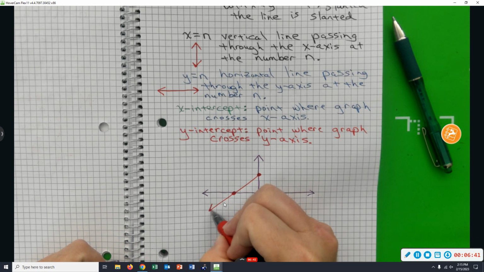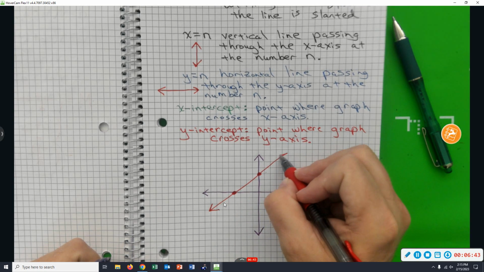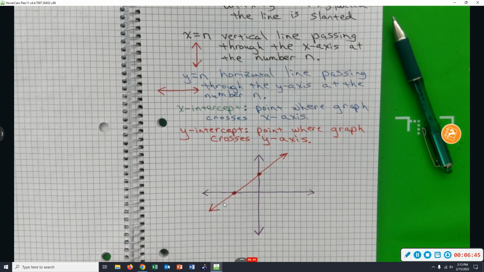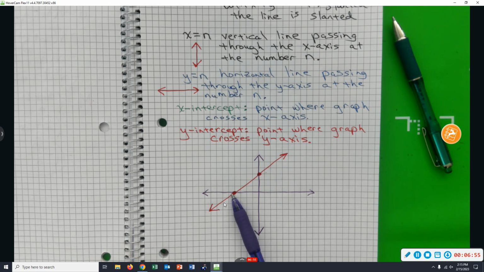Remember we said you need two distinct points to draw a line, so I have my two distinct points. This bottom point is the x-intercept. Notice it's passing through the x-axis. This top point here is the y-intercept. Notice how the graph is passing through the y-axis.